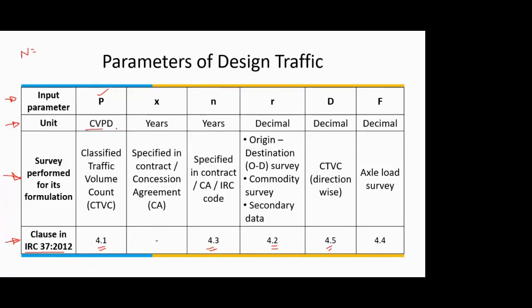So again, we have seen this in detail, that you count that traffic using classified traffic volume count, okay, CTVC, and from that whatever is the commercial vehicles, specifically those having the gross weight of 30 kilometer and more, so that we use, or those we consider as the vehicles which are going to actually damage your road. Okay, so we find out the traffic in terms of this CVPD, that is commercial vehicles per day, and for that the survey, it is traffic volume count survey.